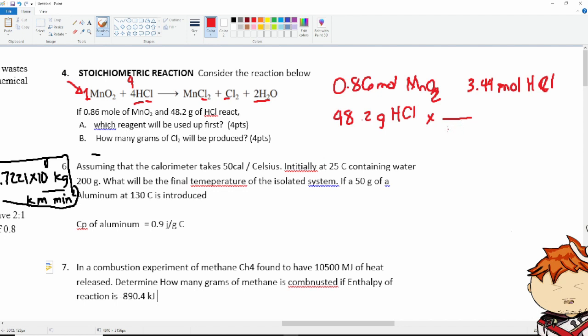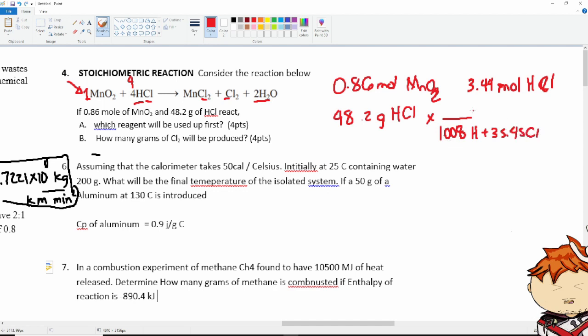So HCl: 1.008 for hydrogen plus, let me check the periodic table, chlorine molecular weight 35.45, sorry.